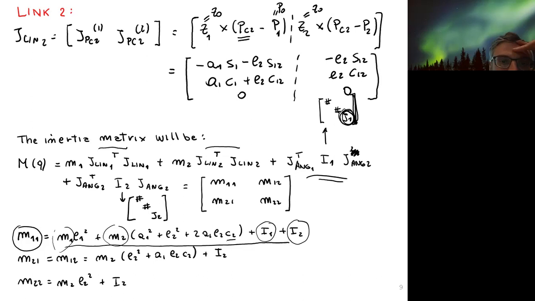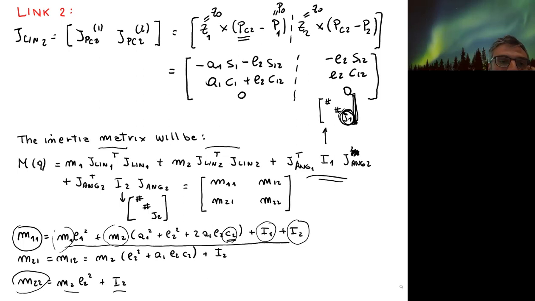You have dependency on Q2, not on Q1, as we said. You remember the previous example that was constant, and now it is no longer constant. This is a dependency on Q2, while the M22 term is constant.